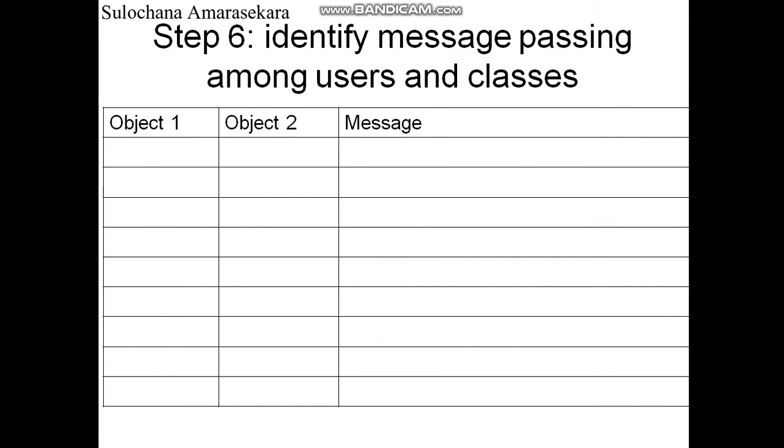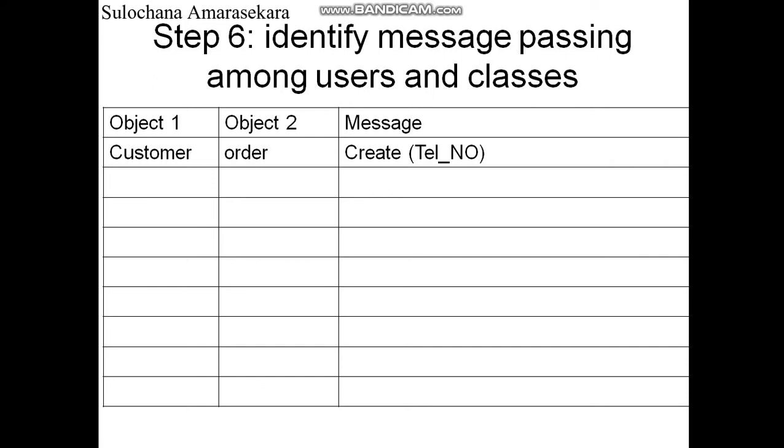Step 6. This is the most important step under sequence diagram construction. Under this step, we need to identify messages passing between objects. For this, I am going to use my action list. First action is creating order.